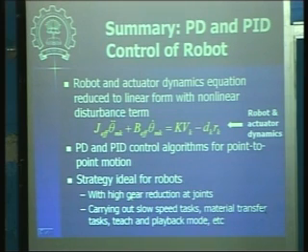This strategy is ideal for robots where there is a very high gear reduction at the joints, because with the higher gear reduction, the nonlinear term, the disturbance term that we have neglected, will be smaller. So because of that very high gear reduction, this is an ideal strategy.